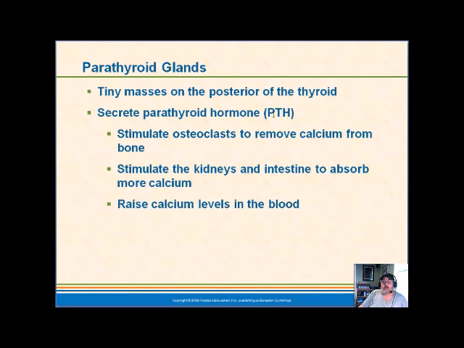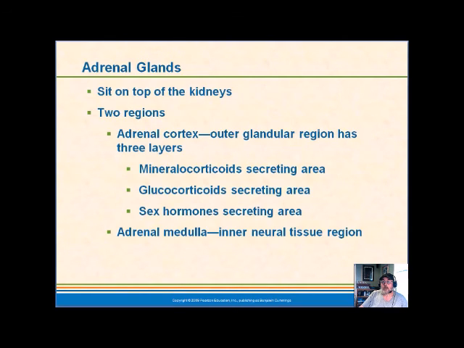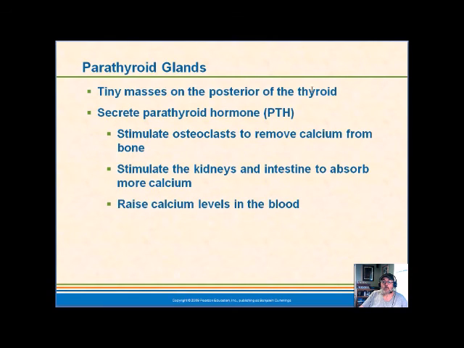In any case, the parathyroid hormone stimulates the kidneys and intestines to absorb more calcium, so it will raise the calcium levels in blood. Calcitonin, on the other hand, decreases the calcium level in blood. Parathyroid hormone is important, and I missed this, I apologize, but it also causes osteoclasts to remove calcium from bone.